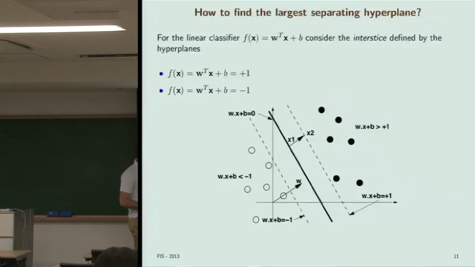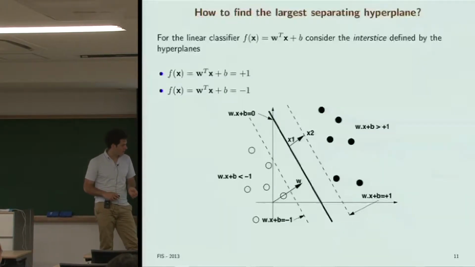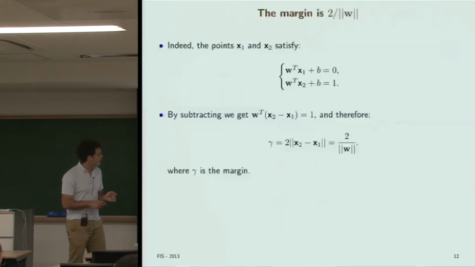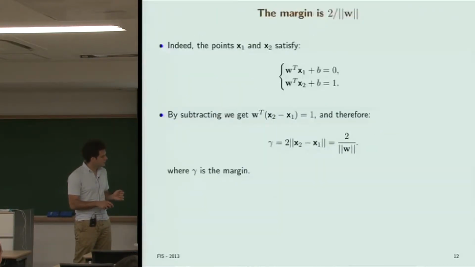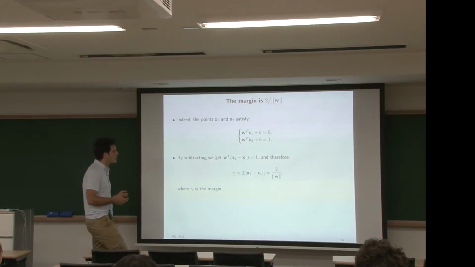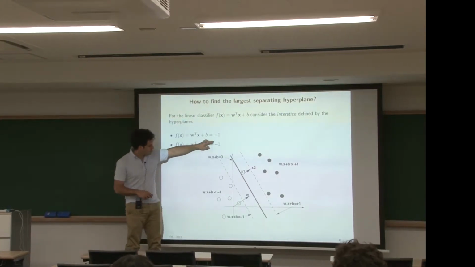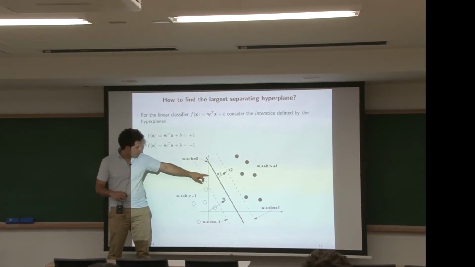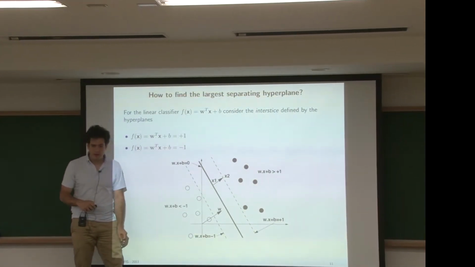Once we have parameterized our hyperplane and the tube that goes with it this way, we can see that the distance between the hyperplane and either side of the tube is basically the inverse of the norm of w. How can we get this? Well, let's choose any point on the hyperplane, and call it x1.